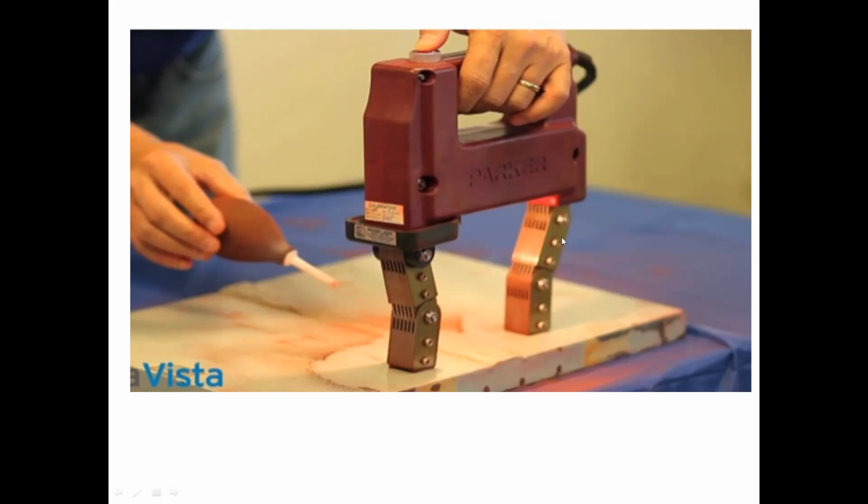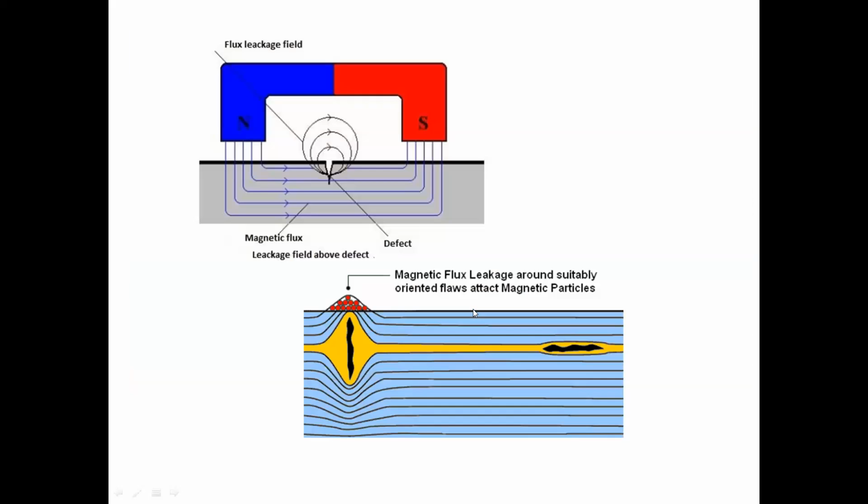Now we see the principle of magnetic particle testing. I will explain in a simple manner. If there is no flaw and you apply magnetism to the material, the magnetic field lines move in a parallel direction, parallel to the surface of the object.